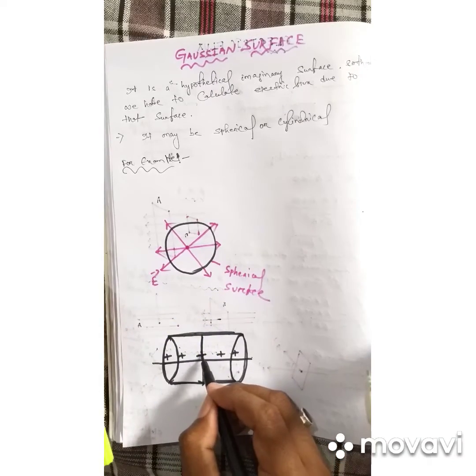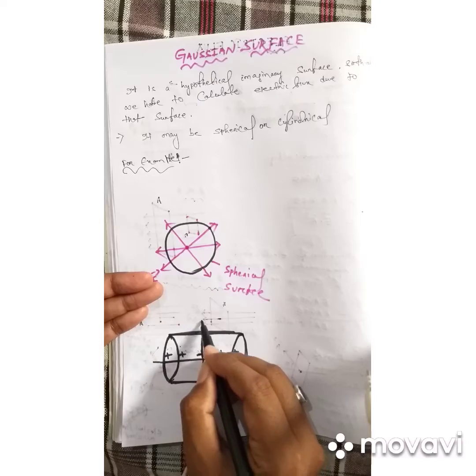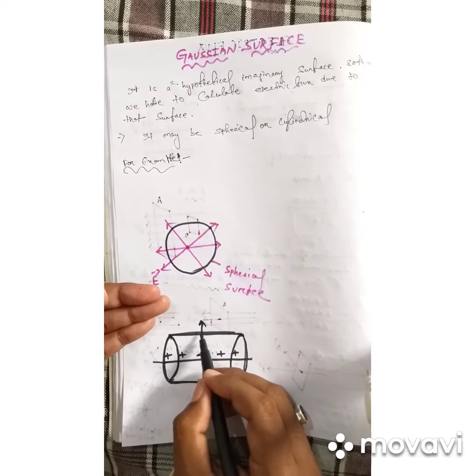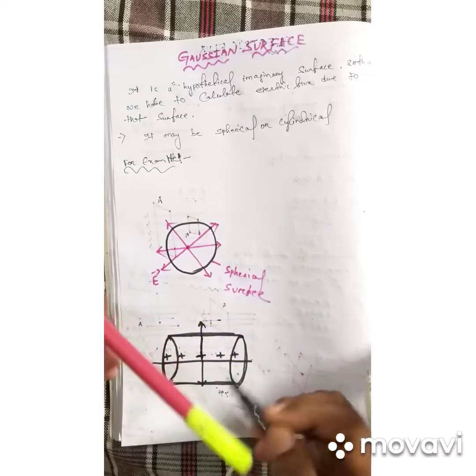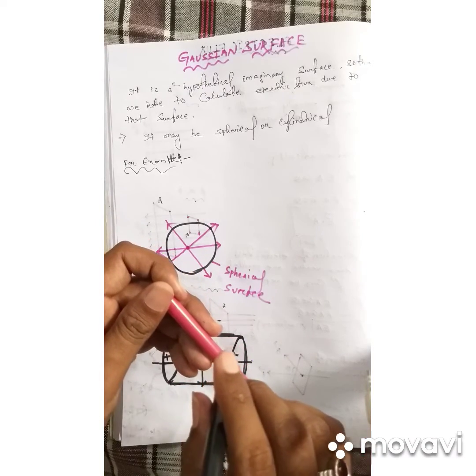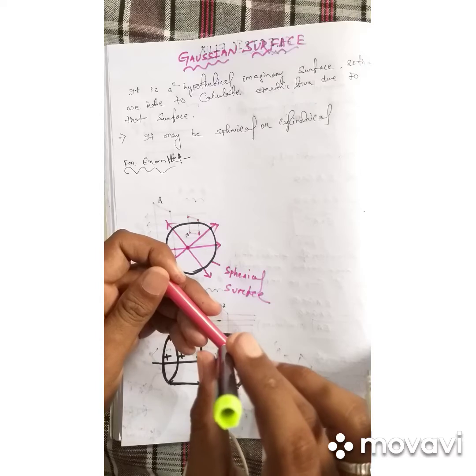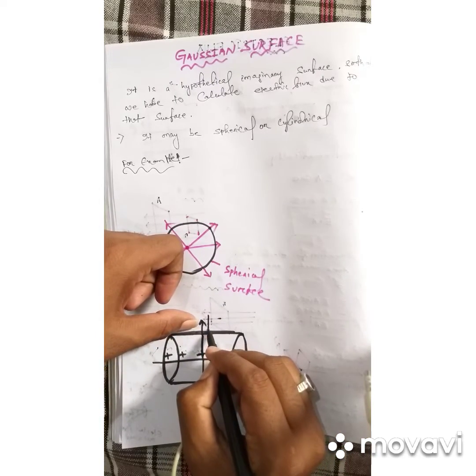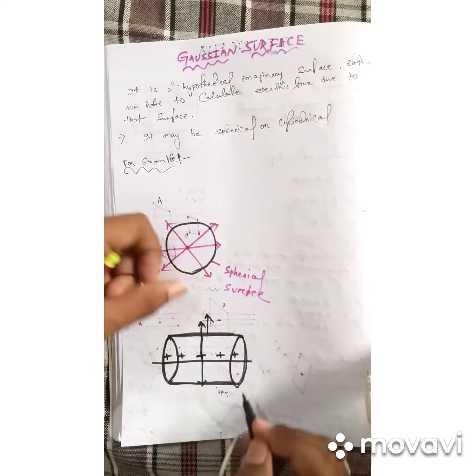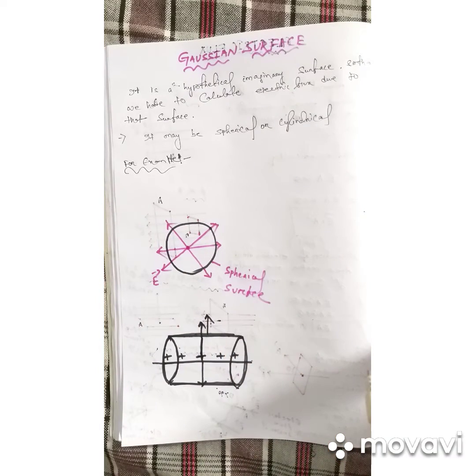Here, in that case, the electric field intensity is moving in that direction, and the area vector of that curved cylindrical surface is drawn outward like that. That means the electric field intensity and the area vector are both in the same direction.